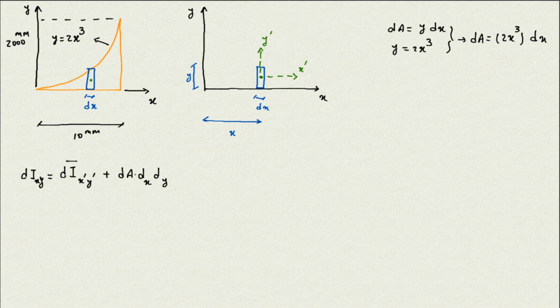Again, this d sub x is different from this dx, so don't get confused between these two. This dx is the differential element, and this d sub x is a distance that we use here.